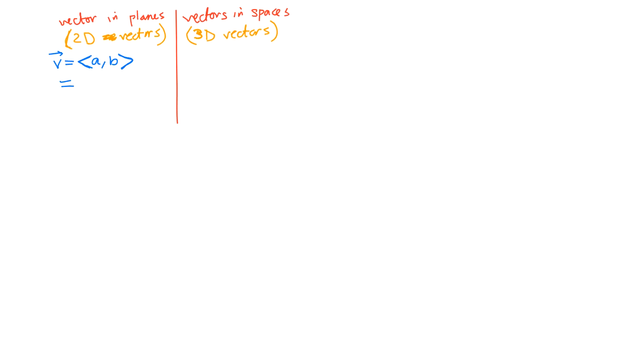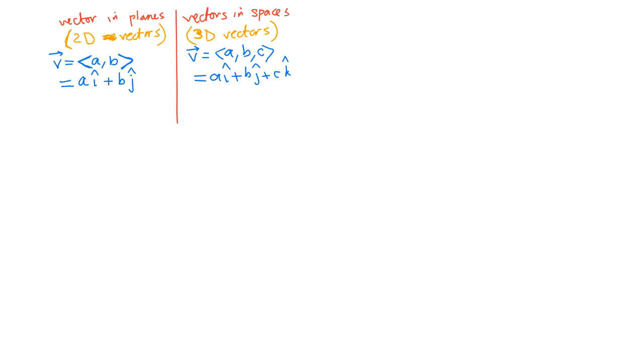I think you know what i and j are. In 3D, we use this notation: V is (a, b, c), or we use the notation i, j, and k.